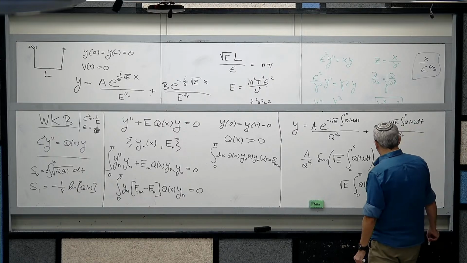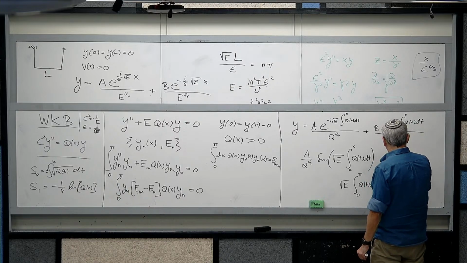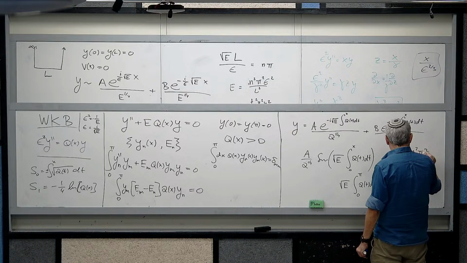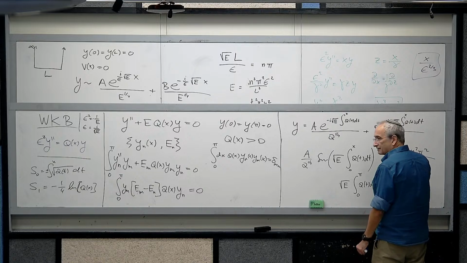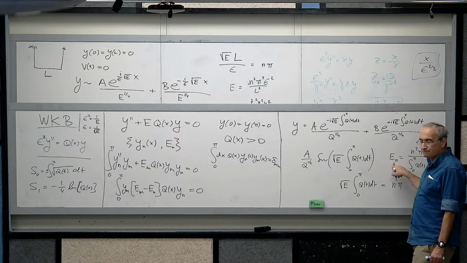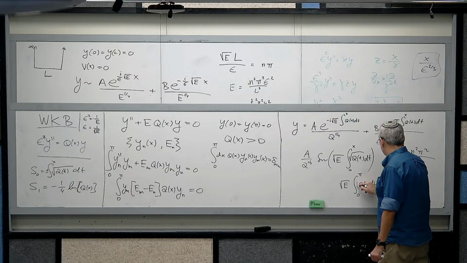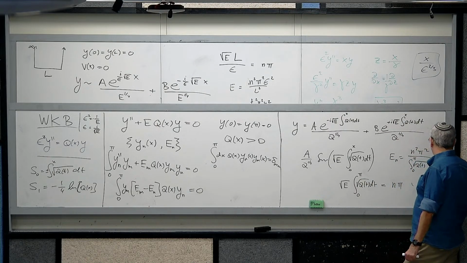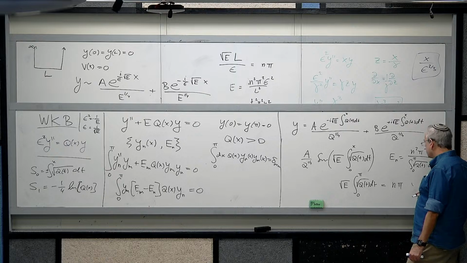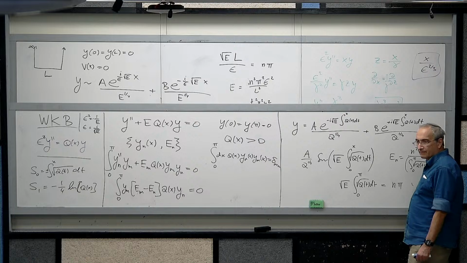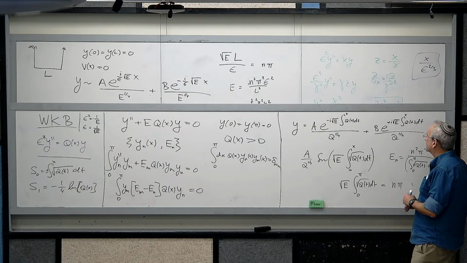And this implies that E is n squared pi squared divided by the integral from 0 to pi of square root of q of t dt, all squared. Sorry, it should be square root of q inside the integral.